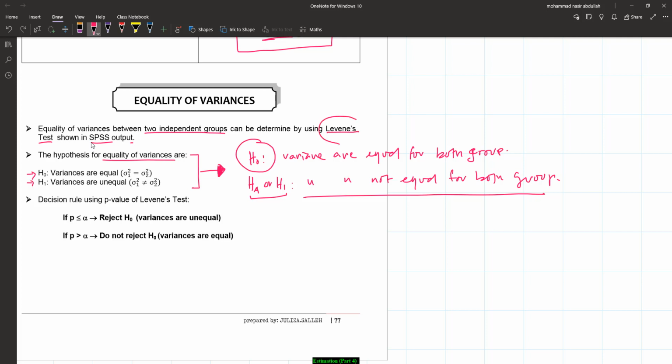So by using Levene's test, the decision rule is this. Let's say our alpha is 0.05, this is for a 95% confidence interval. If it is a 95% confidence interval, alpha will be 0.05.